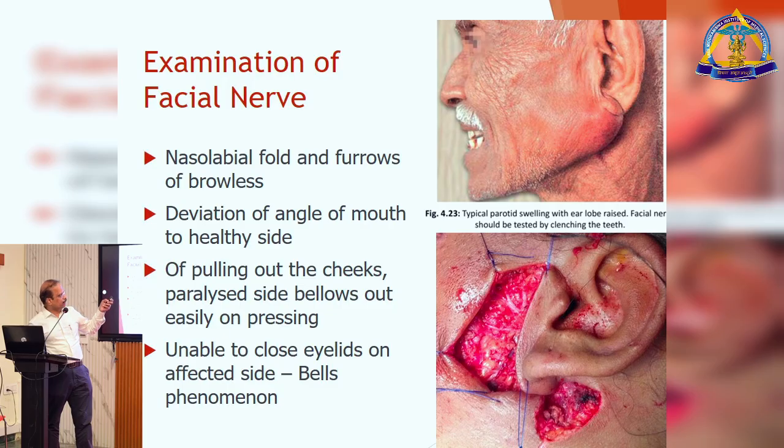You have to examine the facial nerve, the nasolabial fold, furrows, and all that examination we do for Bell's palsy. This is a diagram which shows the facial nerve just in front of the tragus. The easiest and the correct method of identifying the facial nerve is the tragal pointer; the nerve lies 1 centimeter inferomedial to the tragal pointer.